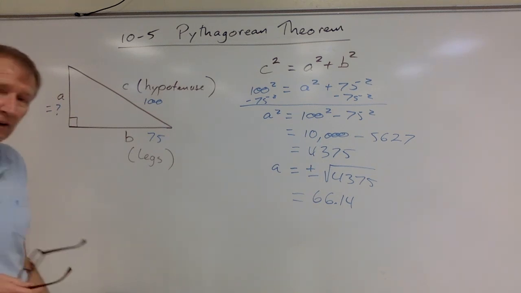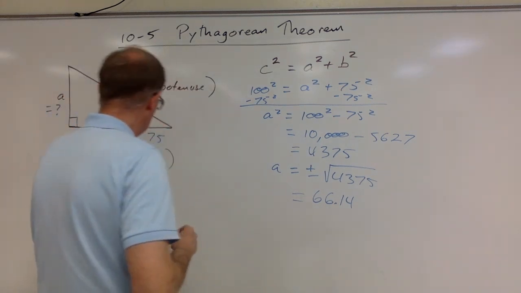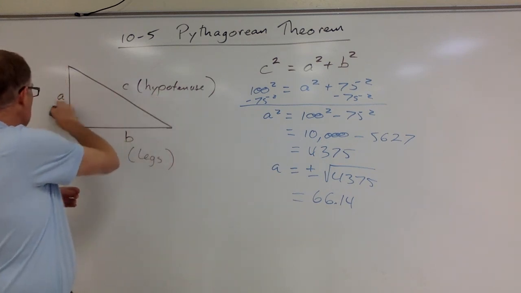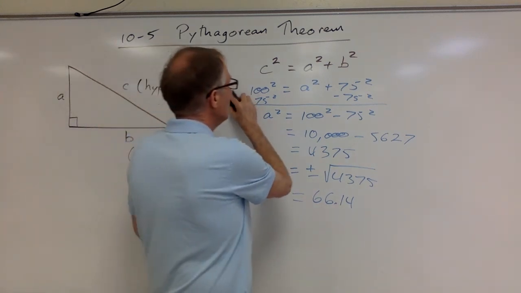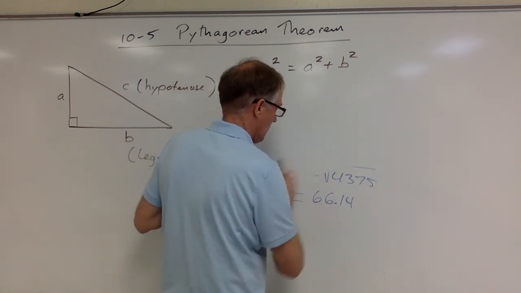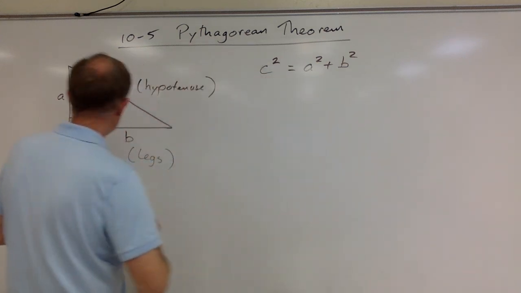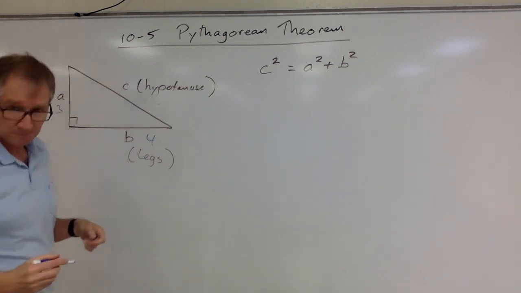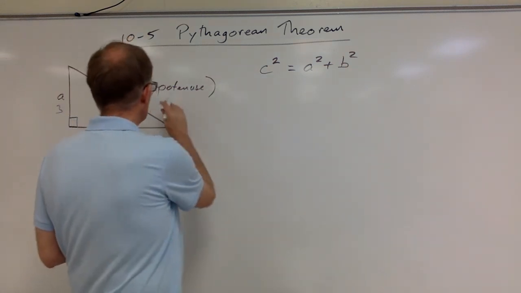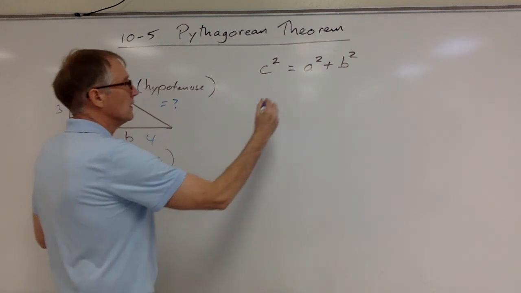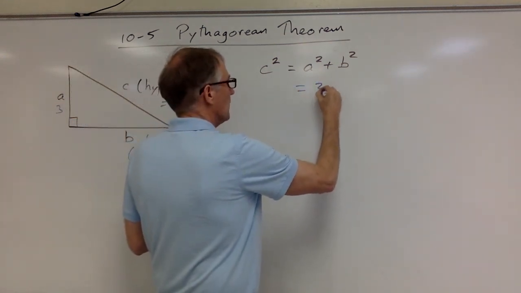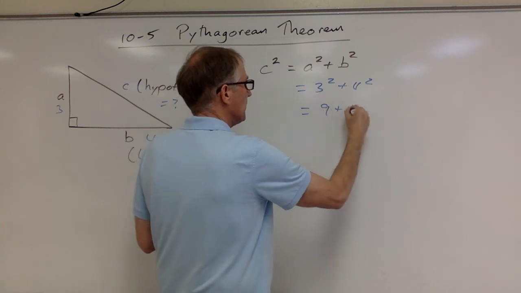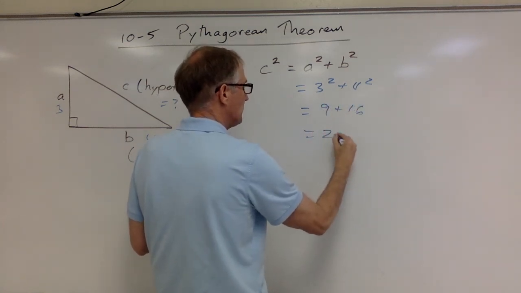There is a special case here, which is always nice to know. If you have A equal to 3 and B equal to 4, what's the value of C? Again, this is a special case. 3 squared plus 4 squared, that's 9 plus 16 equals 25.